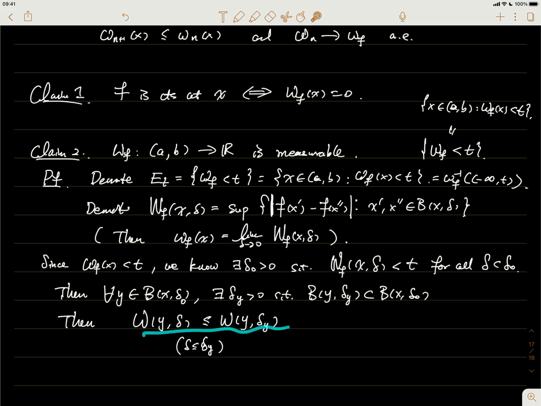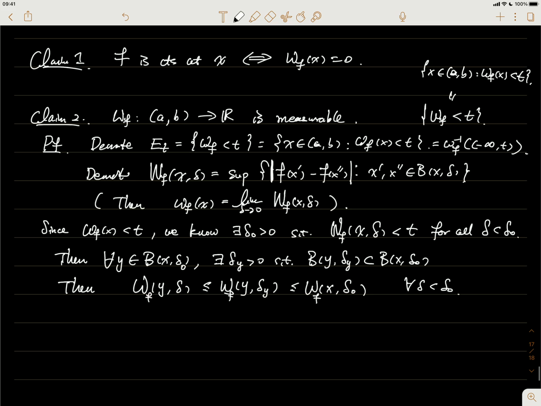Right? And also, since B(y, delta y) is a subset of that, I also know that this is less than or equal to w_f(x, delta 0) for all the delta smaller than delta 0. Okay, so I specify it here.